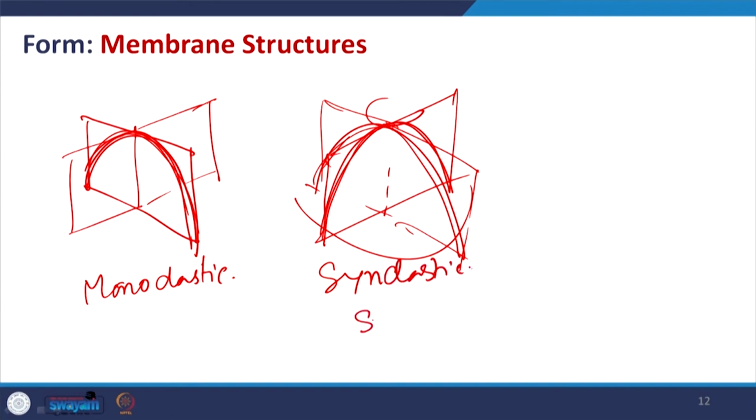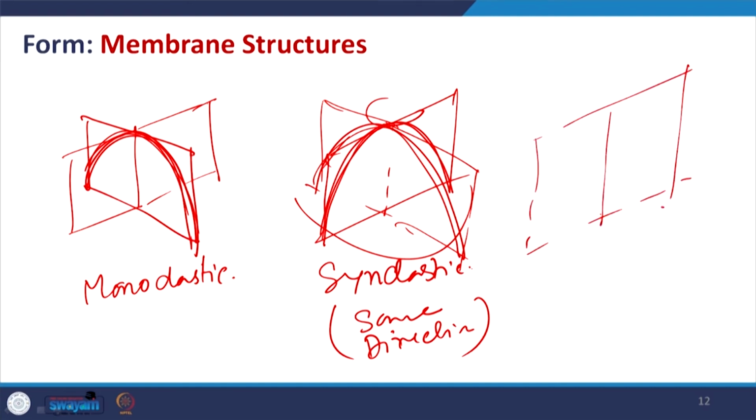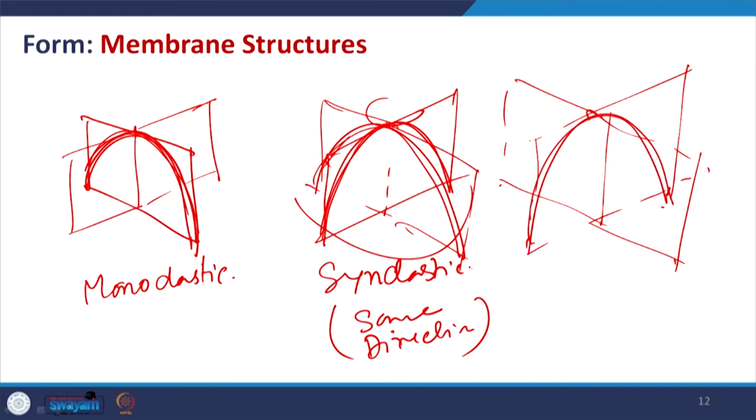Same direction with two surfaces. Now, contradictory to that, if I draw it again, I have one curvature in this direction and the other curvature in this direction. So, they are conflicting with each other.